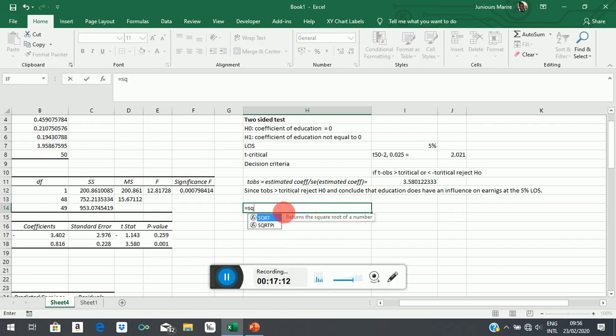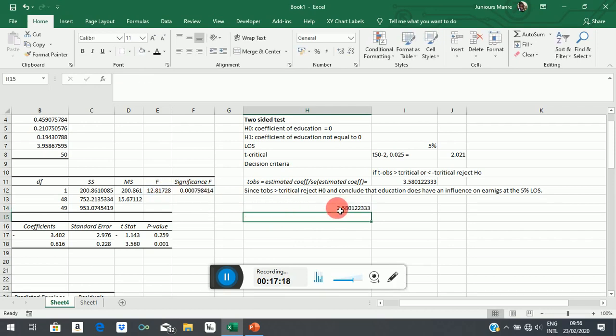Square root of the f will be your t. You see that 358, 358. So that only happens in a two variable regression. There is a direct relationship between the t and the f. Then secondly, what else do I need to mention here which could be of importance? Okay, so this is our t observed, which is what we calculated there.